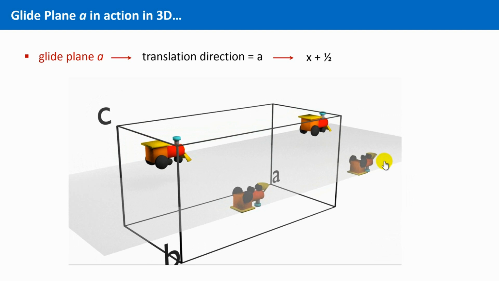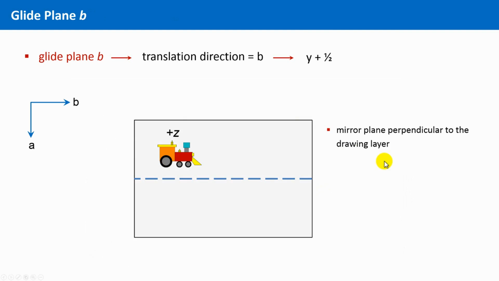Let's look at the next possible glide plane B. Glide plane B means that the translation component is along the B axis or Y axis. Same scenario, but now the glide plane is oriented perpendicular to the drawing layer, marked here graphically with such a dashed line. Again, the locomotive should be located above the drawing plane.